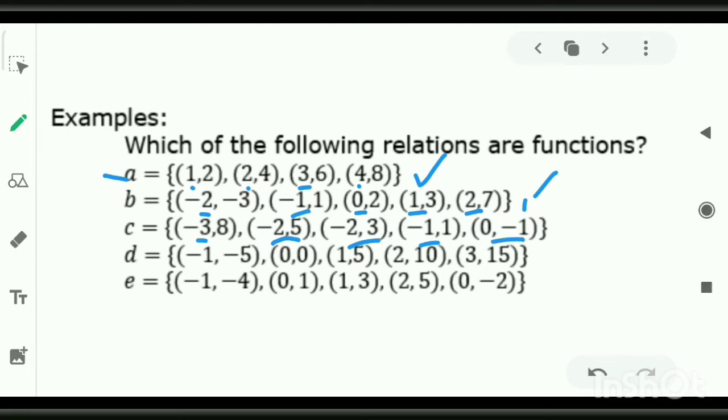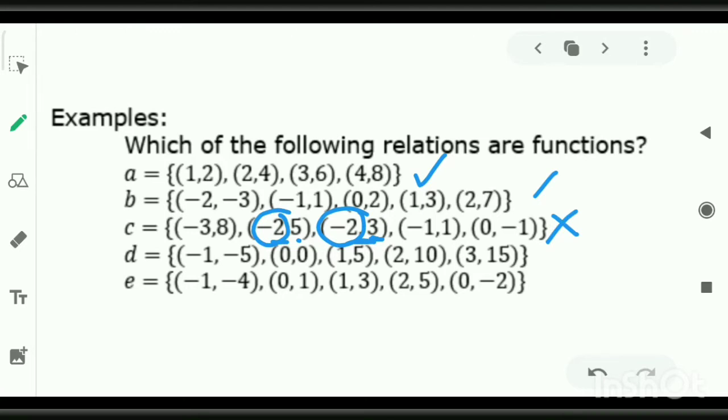Now take note, for this set of ordered pairs, if you notice, (-2, 5) and (-2, 3) both have -2 as their x element. Since there are two ordered pairs with the same x element but they have different y elements, then set C is not a function.